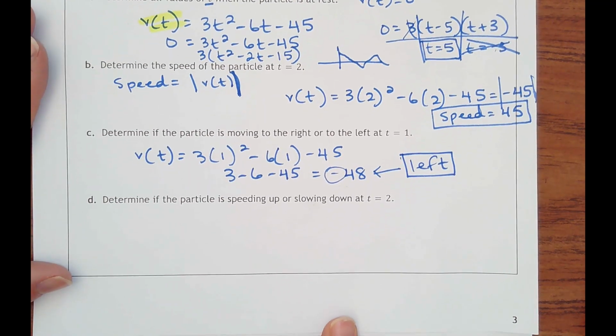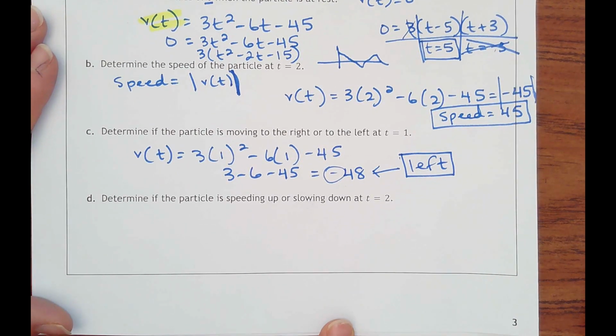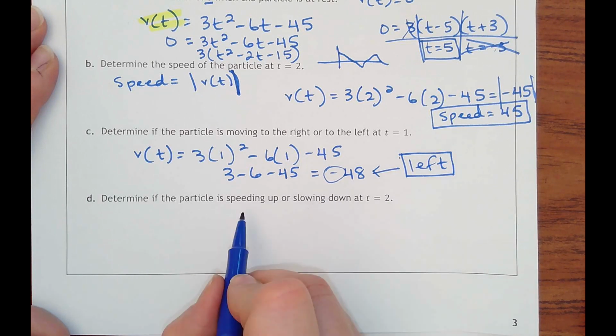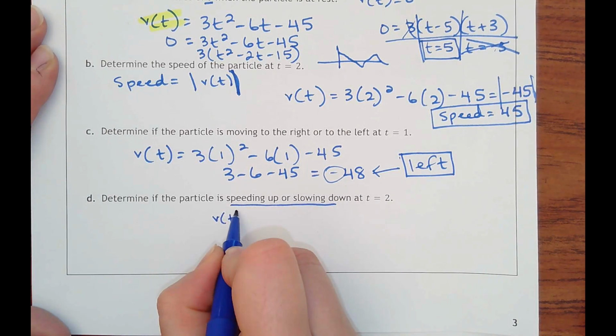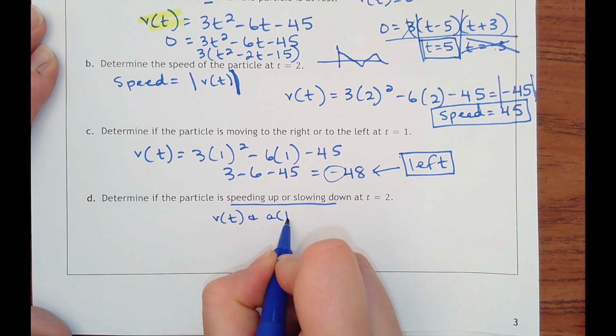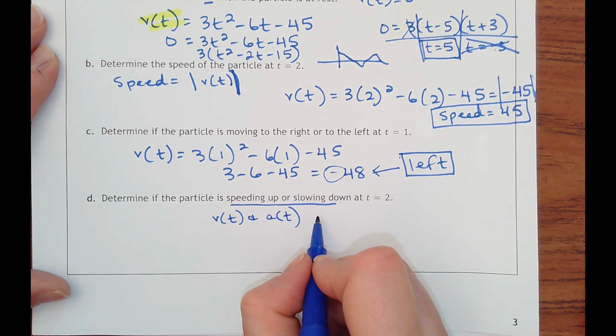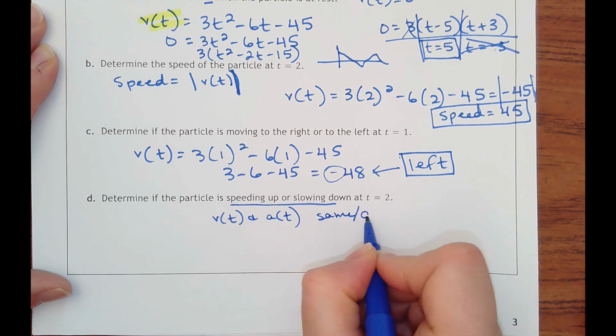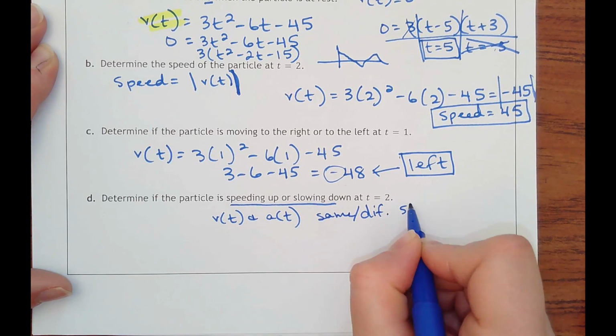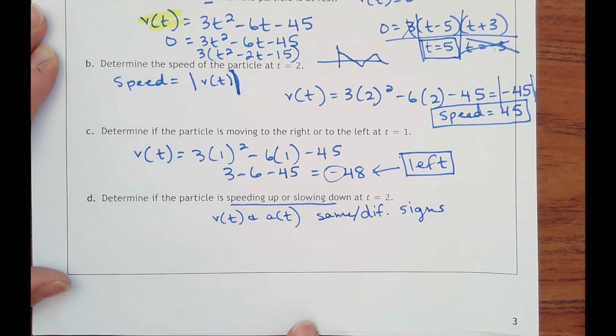And part D, determine if the particle is speeding up or slowing down at t equals 2. And remember that speeding up or slowing down is based off of whether velocity and acceleration have the same signs or different signs. If they have the same signs, then it's speeding up.